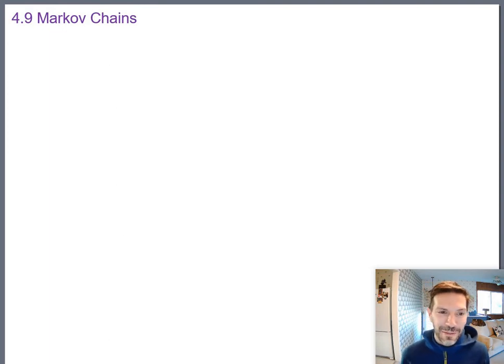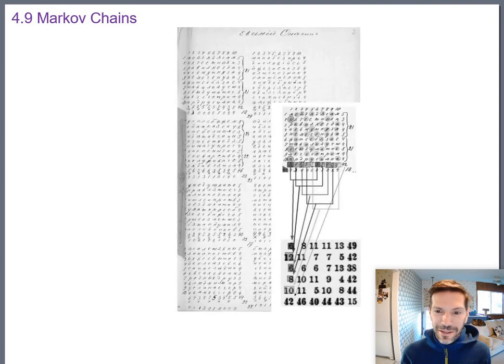He applied this to Pushkin's poetry, and he looked at whether a vowel was followed by another vowel or by a consonant. He did a whole bunch of computations with that, basically turning it into a linguistic analysis of how likely certain words were to pop up. It was really interesting, although I didn't understand half of it. But I just love some of his work. Like, this is his handwritten count of some of Pushkin's poetry. That old school mathematics is almost visual poetry in itself.